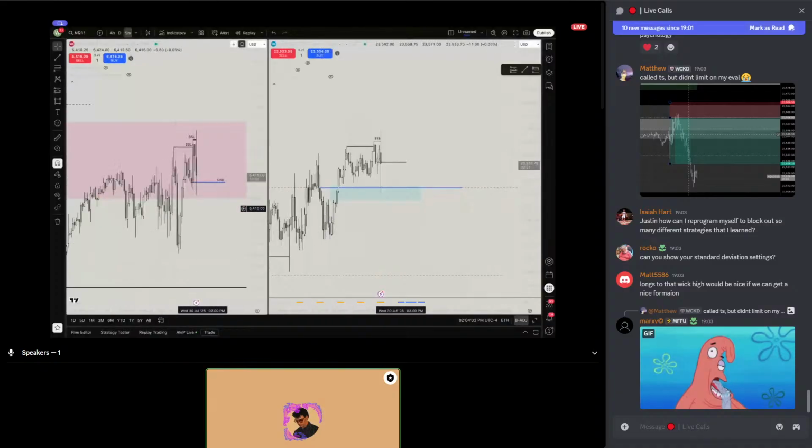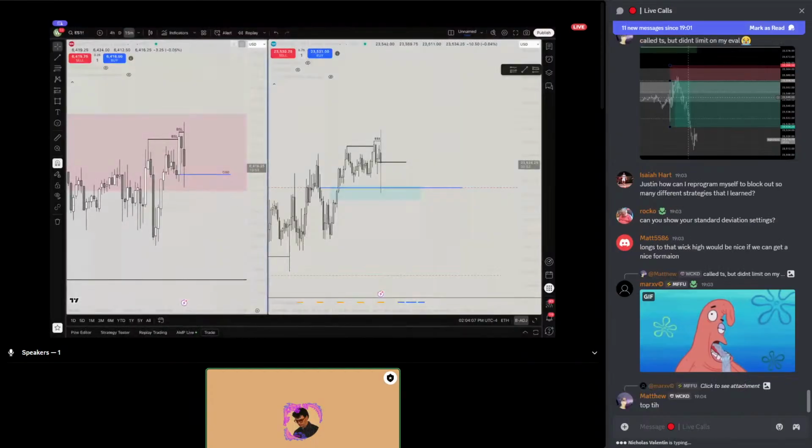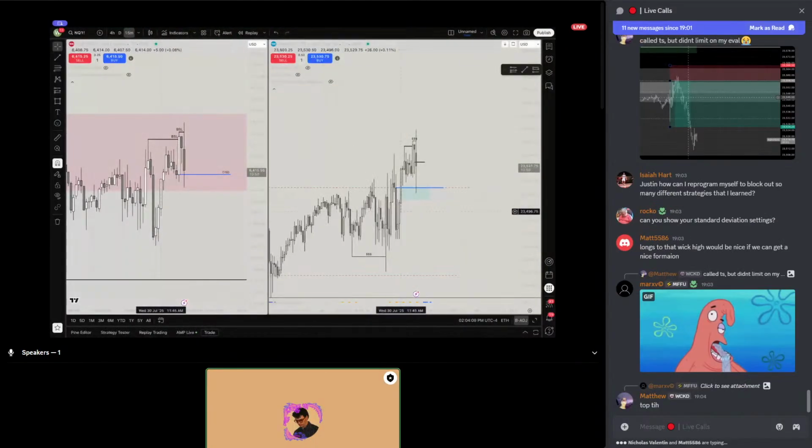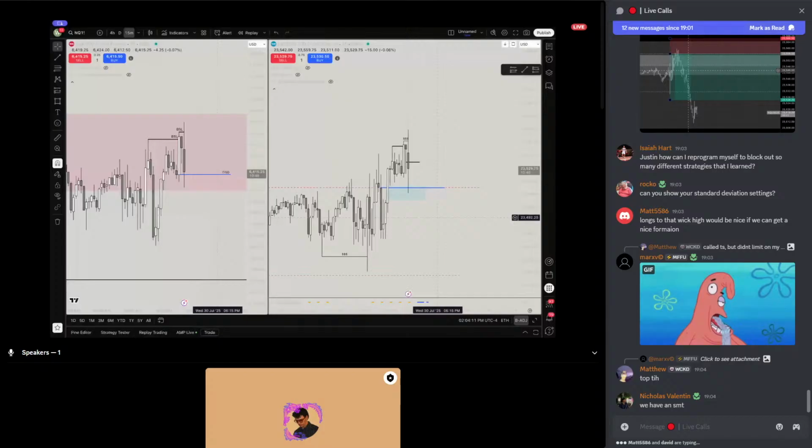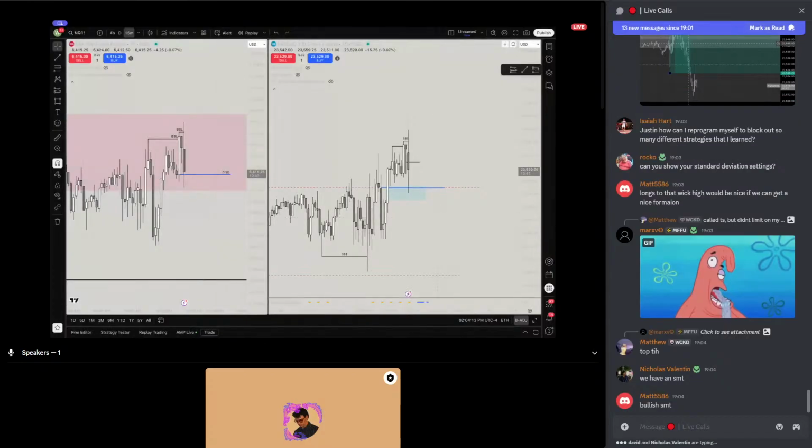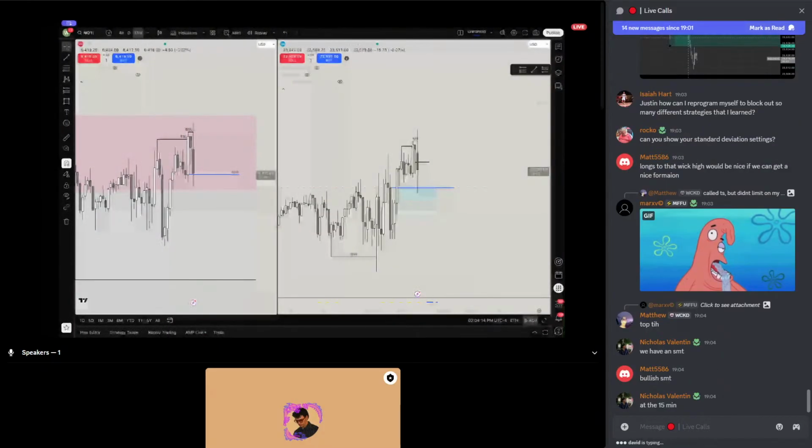Still just watching. I want to see how this 15-minute candle closes. Look at the 5 minute. So far, NQ's reacting from that 15-minute fair value gap. 15-minute fair value absolutely strong. I'm going to put the PO3 indicator on just to check the 15-minute window.